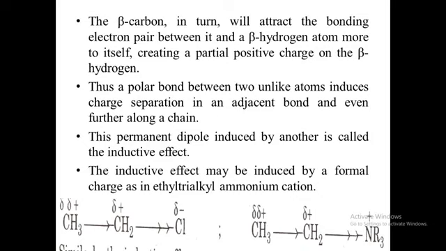Electronegative atom, if it is neutral or positively charged, it will withdraw electron density from the neighbors. An electronegative atom, if it is negatively charged, it will donate electron density to the neighbors.